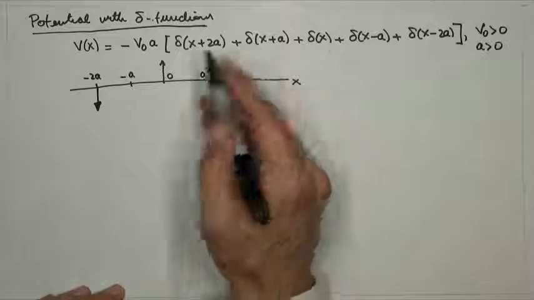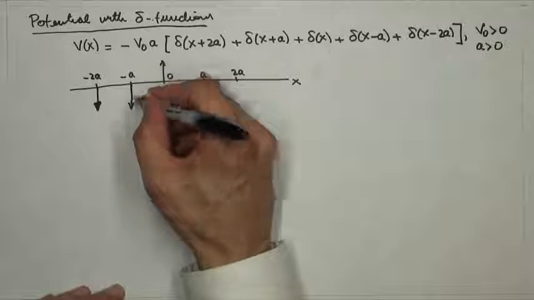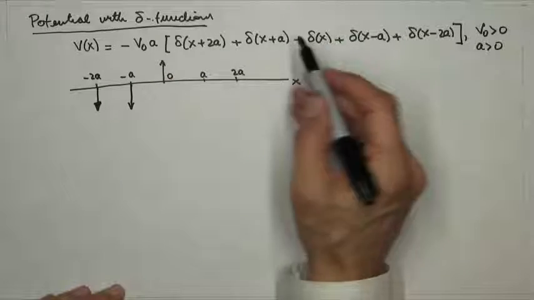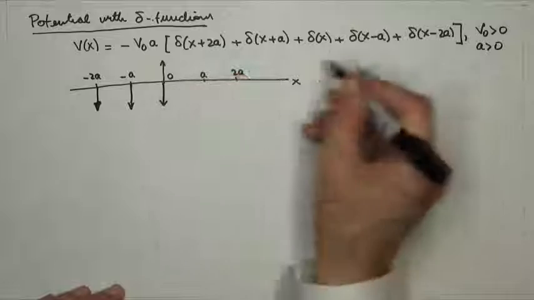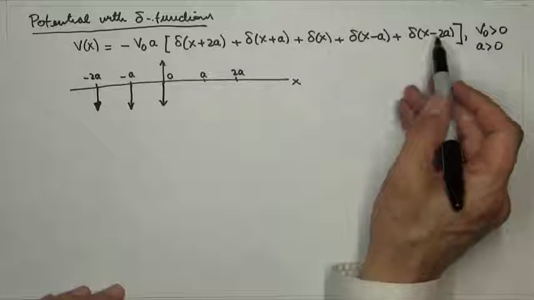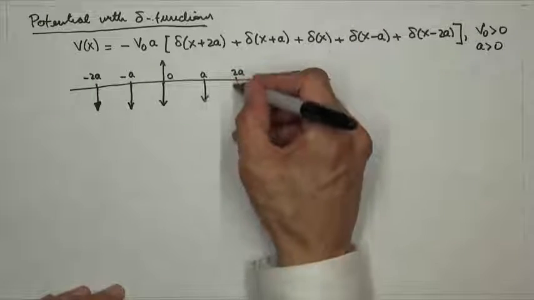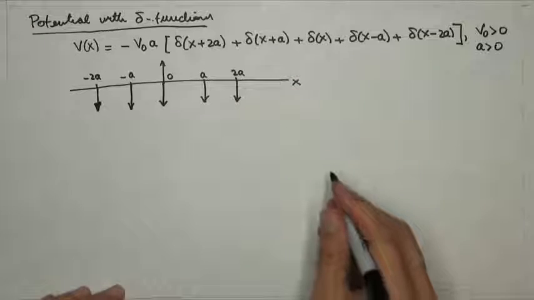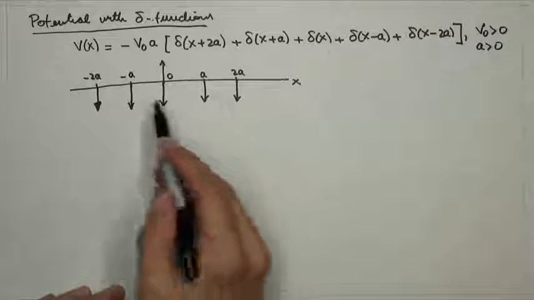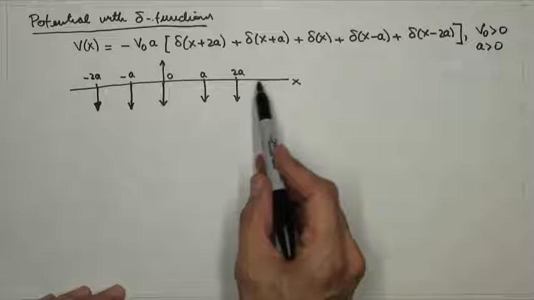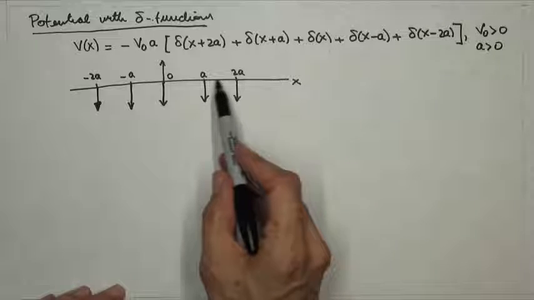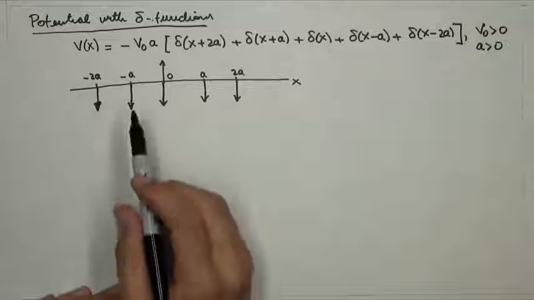There's another delta function at minus a, a delta function at x equals 0, a delta function at a, and at 2a. So this is the potential. There's only delta functions in here. That is, the potential is 0 everywhere except at those points where we have the delta functions.